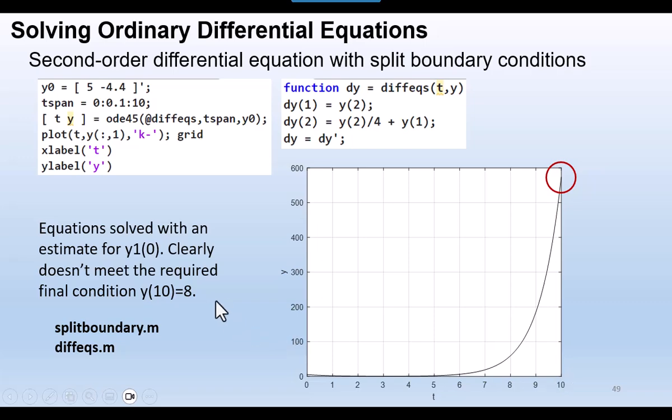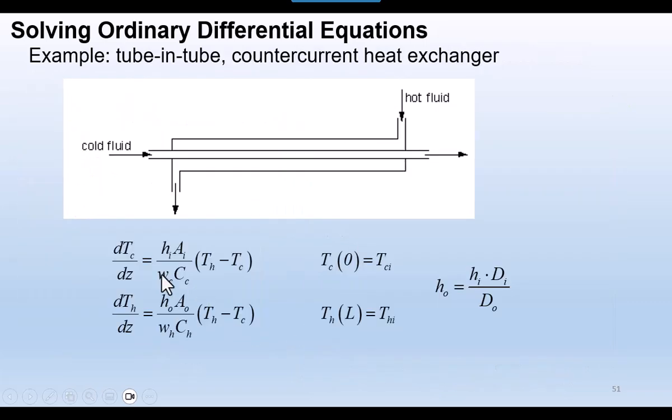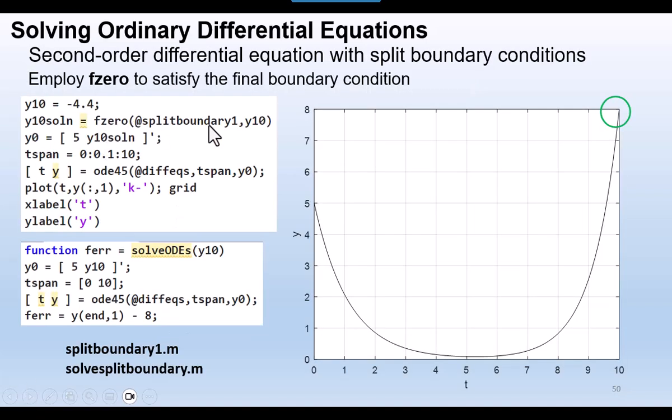And then we incorporated F0 in order to solve this using our split boundary value 1, which is shown here. And that solved the differential equations and compares the last value to 8. All right, so that's what we showed you.